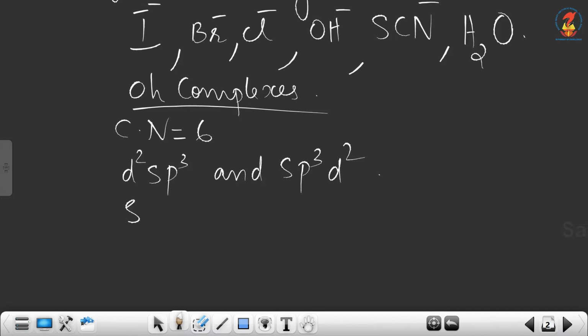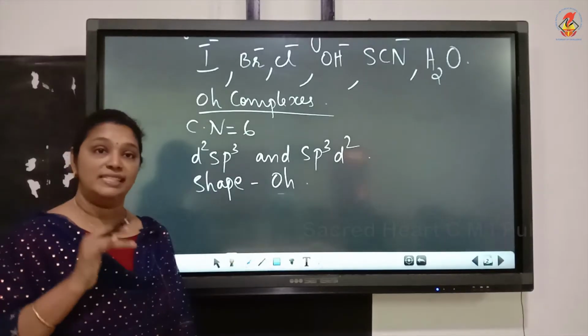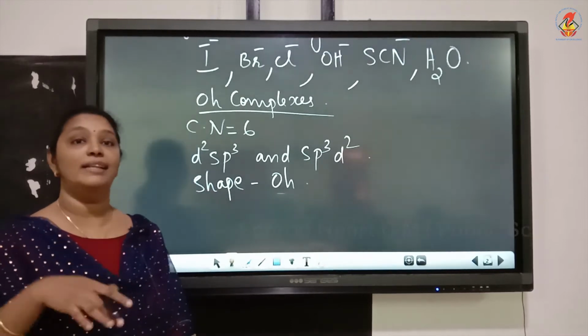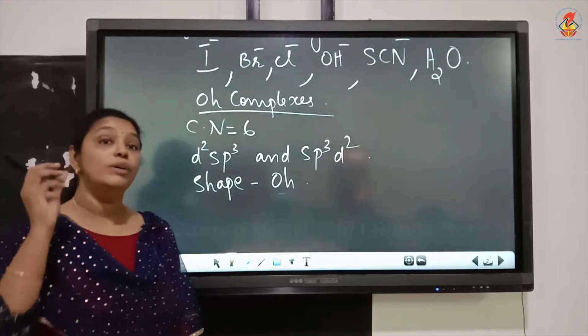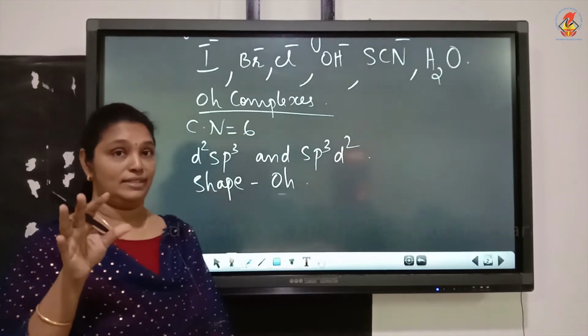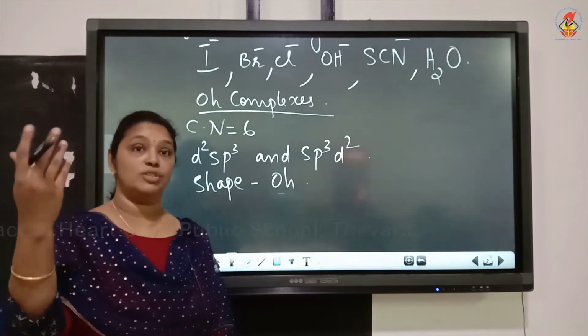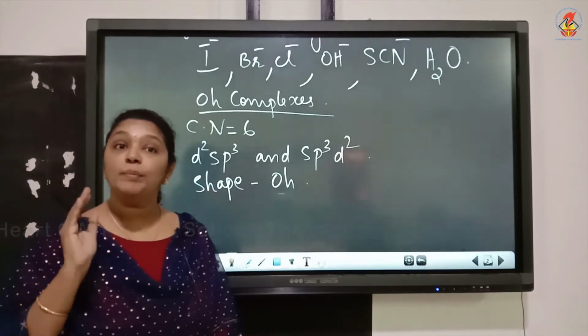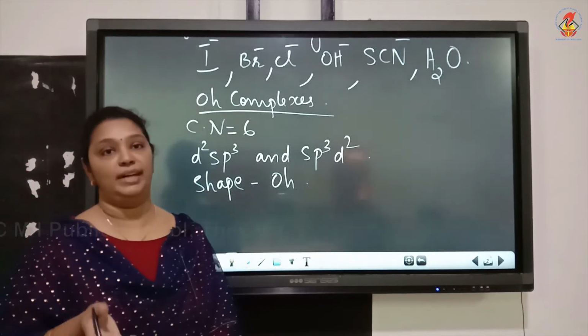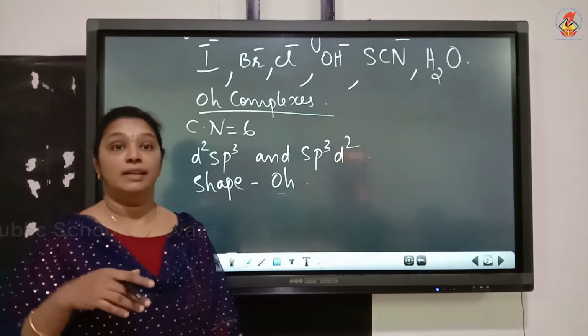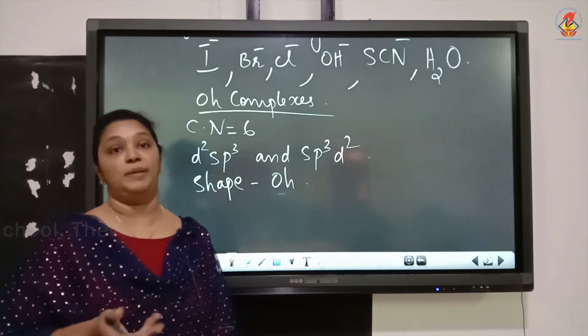And the shape of octahedral complexes is octahedral. Now we are going to see the examples involving strong ligands and weak ligands. By looking at the ligand in octahedral complexes, that is whether it's a strong or a weak ligand, we can predict the type of hybridization, whether it is d2sp3 or sp3d2.